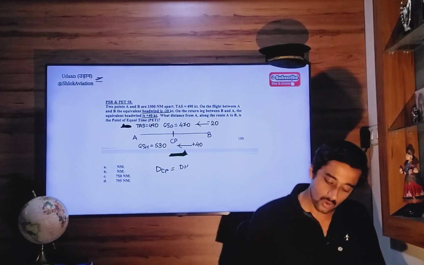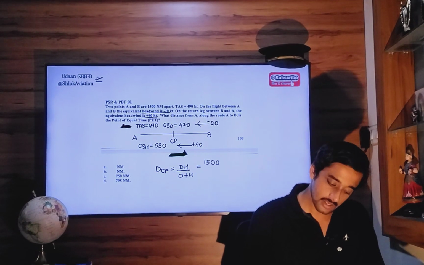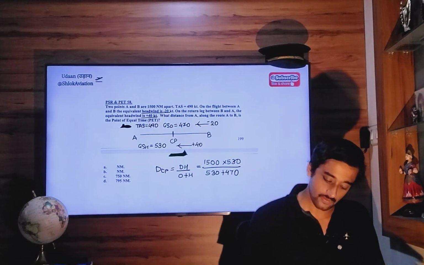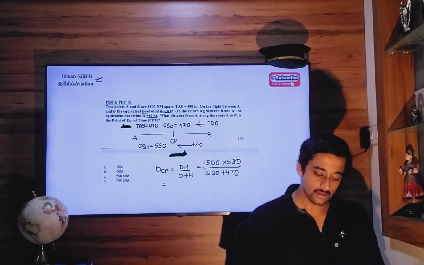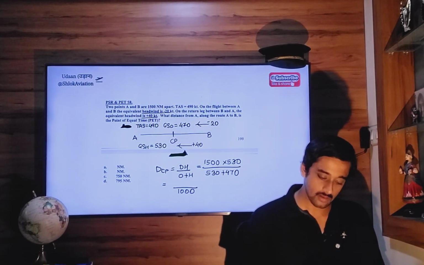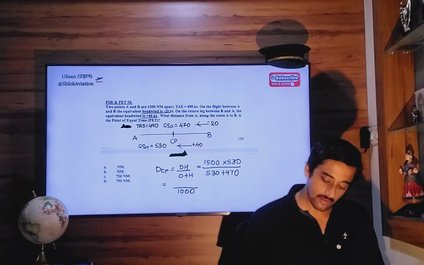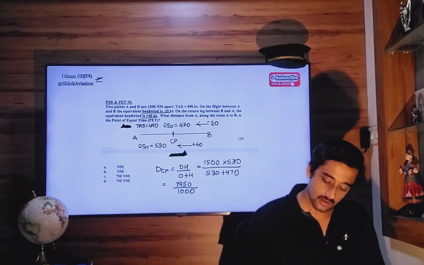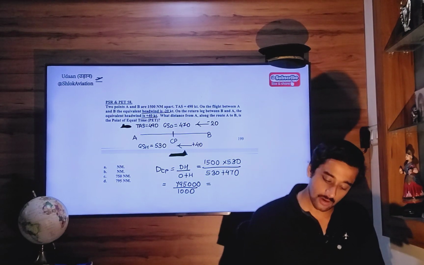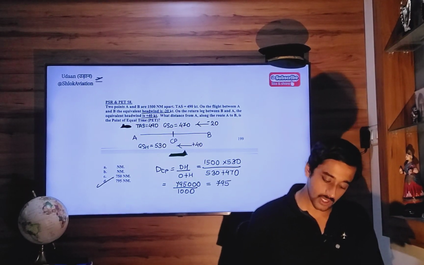D into H divided by O plus H. So 1500 into 530 divided by 530 plus 470. 1000. So 795. This gives you an answer of 795. So delta.